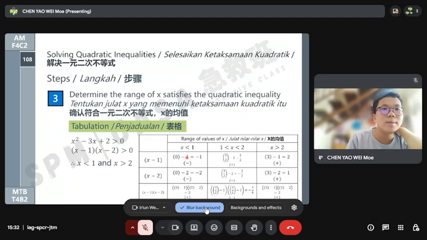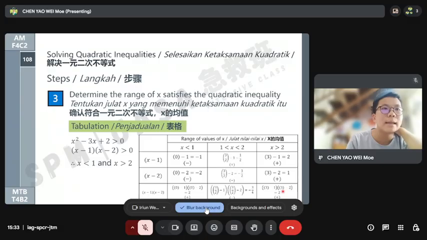Okay, you can use any test point, but remember to use the same test point. Cannot change. It's first part, the second, the third. You check. Okay, here is negative, positive, positive, negative, negative, positive, positive, negative, positive.